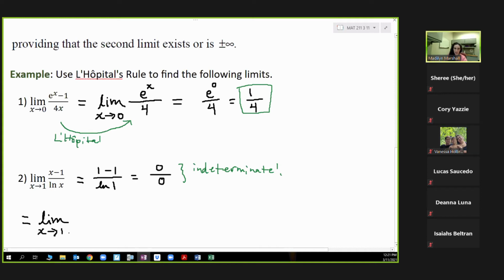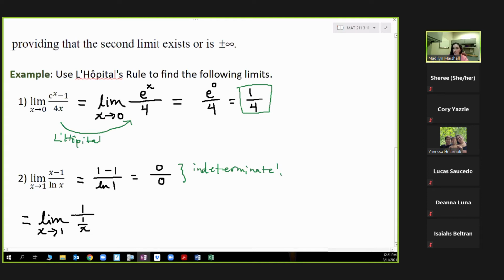So to L'Hopital it, we will take the derivative of the top, which is 1. The derivative of x minus 1 is 1. What is the derivative of ln x? 1 over x, yes.